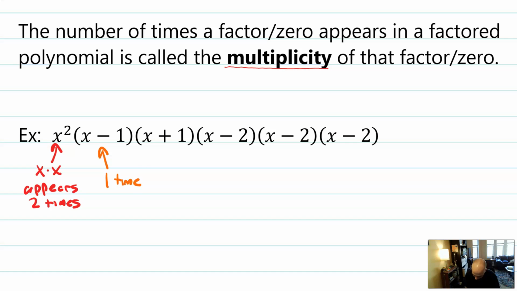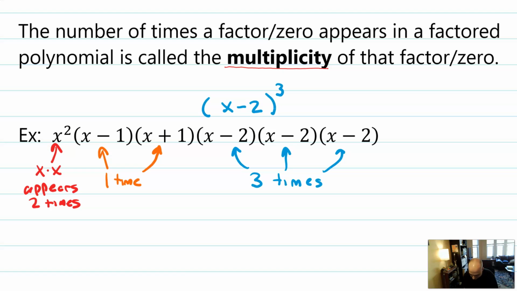X plus 1 I also only see once, so that also appears one time. X minus 2 appears 3 times. And we could actually have written this as x minus 2 quantity cubed is how you'll usually see it.